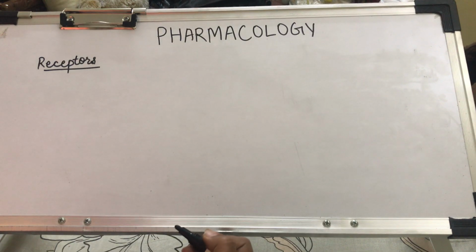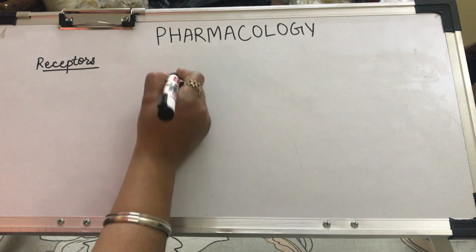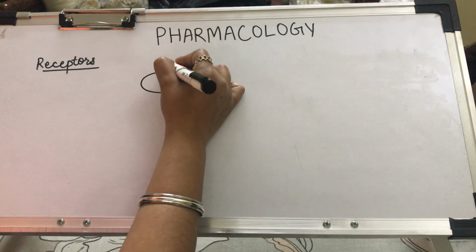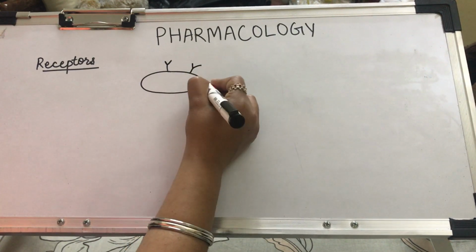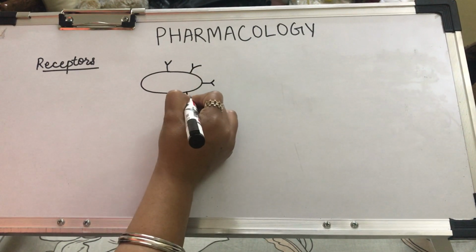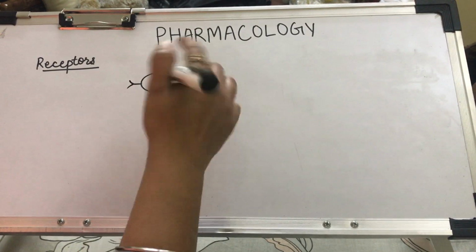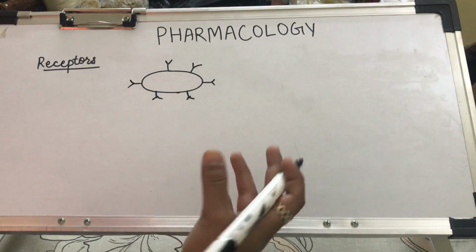So basically what are receptors? These are glycoprotein molecules, and they may be present on the surface of the cell or inside the cell. And what is their functioning?